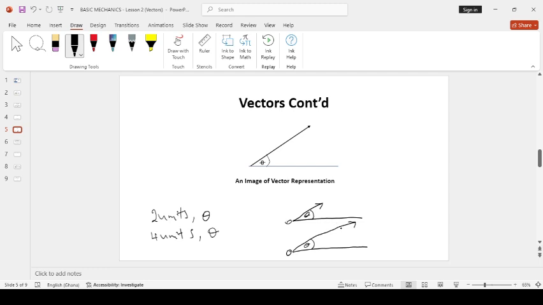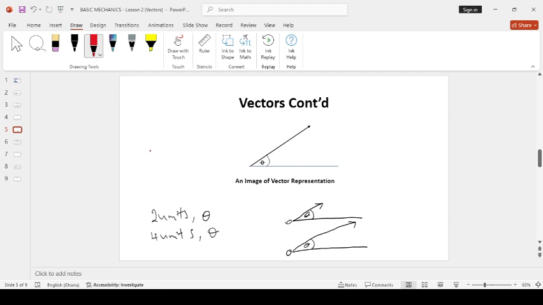That is when we decide to scale the vectors. The length of the vector describes the magnitude, and then the arrow, with the angle here, also describes the direction of the vector. So it is not always the case that it moves in this direction. You can have vectors moving in various, or different directions.